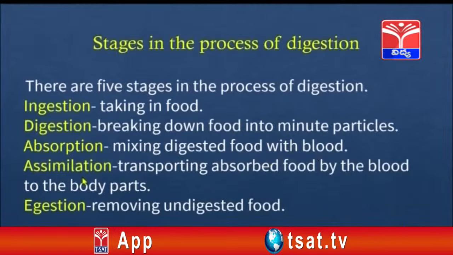Assimilation, transporting absorbed food by the blood to the body parts. And the last stage is egestion, removing the undigested food. Ingestion, digestion, absorption, assimilation and egestion are the 5 stages in the process of digestion.